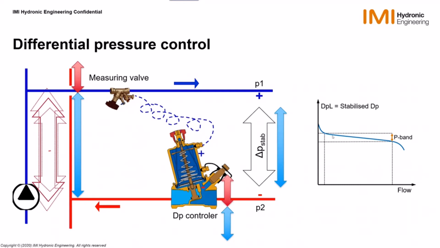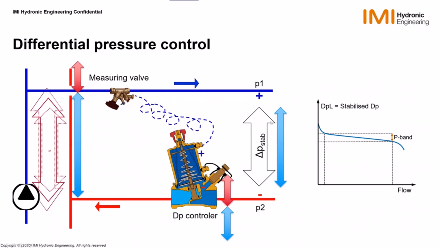And we take the extreme values of the delta P in these two conditions, and we find out what is the P band of the delta P controller. This is the proportional band, the variation of differential pressure when the controller controls proportionally the control variable it is dealing with.